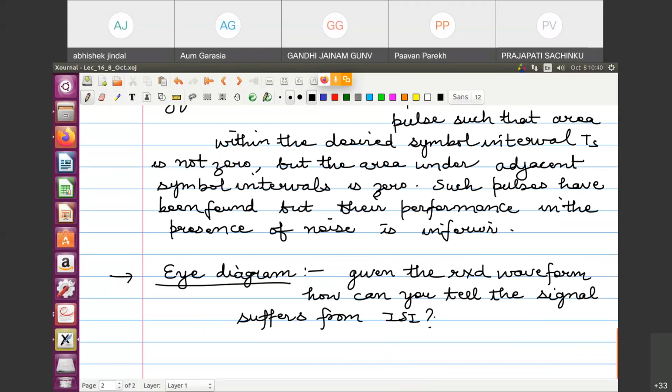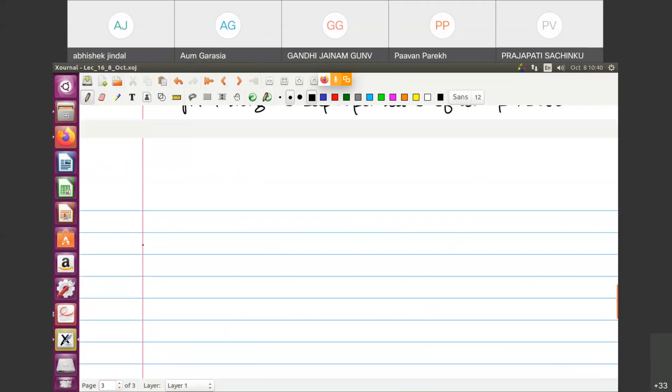What it really does is, let me write it down. So this is the synchronized superposition of all possible realizations of the signal of interest.